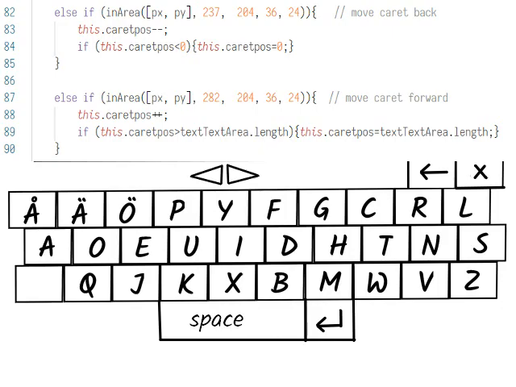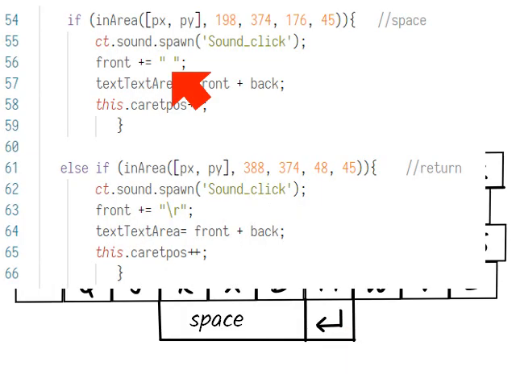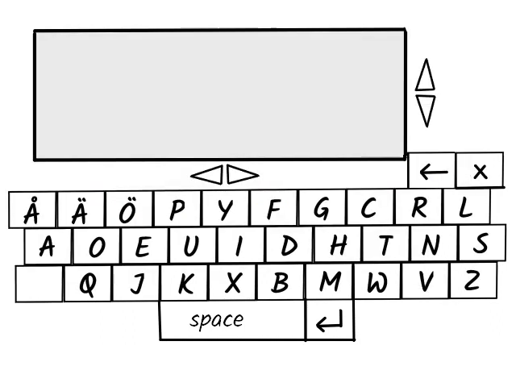Compared to the text box example, I've also added a key for space and a key for return to the keyboard. This will either add an empty space or a line break to the string at the position of the caret. I have also added two buttons for deleting a letter from the string before the caret or to delete all text.